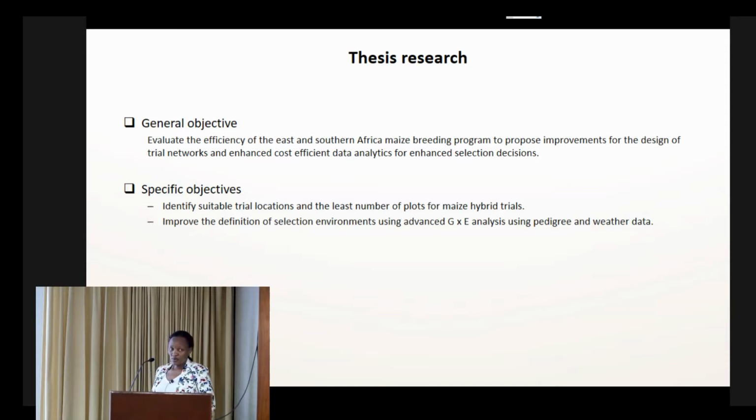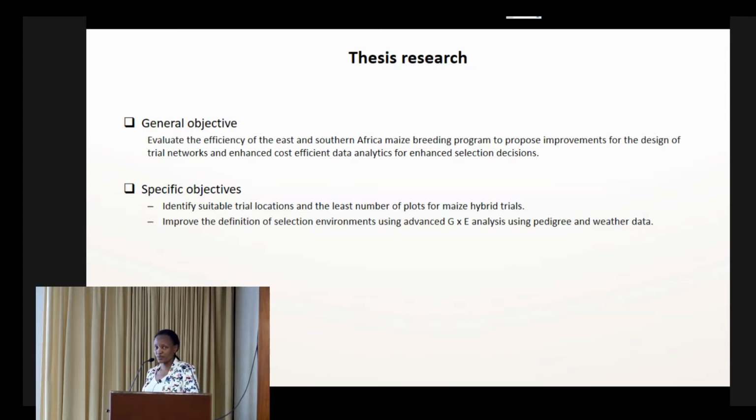So that's what it is, the thesis research. We are trying to evaluate the efficiency of the East and Southern Africa maize breeding program to propose improvements for the design of trial networks and to enhance cost-efficient data analytics for enhanced selection decisions.